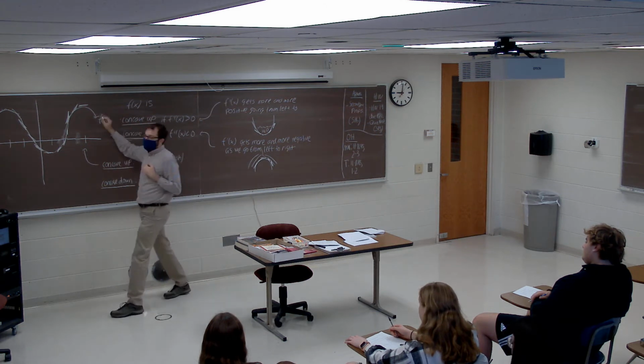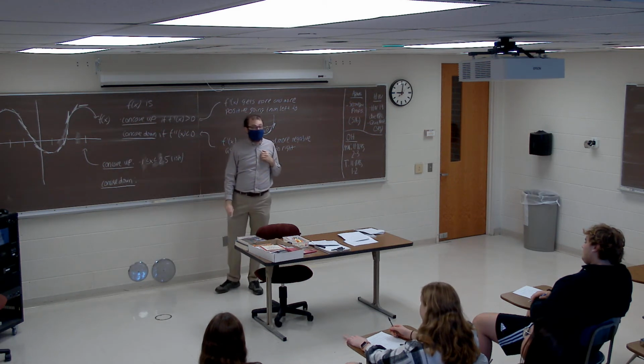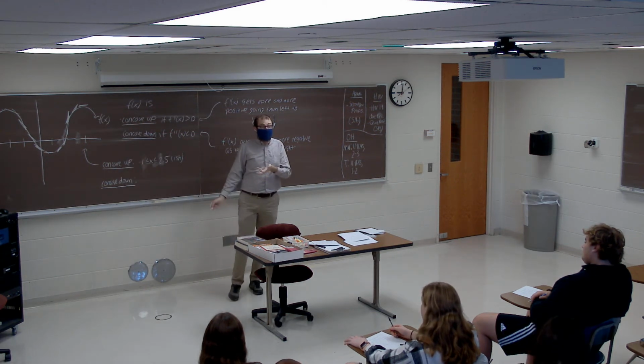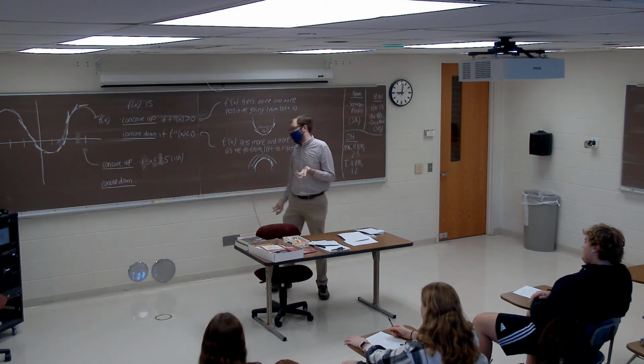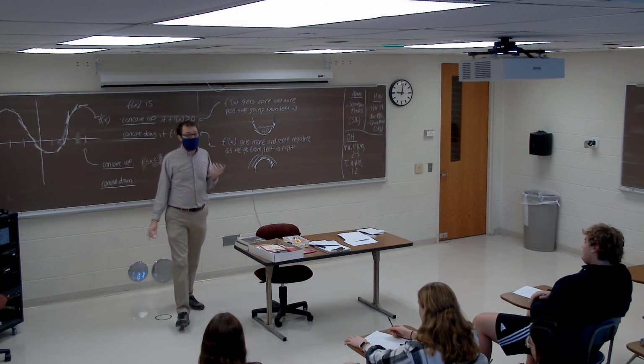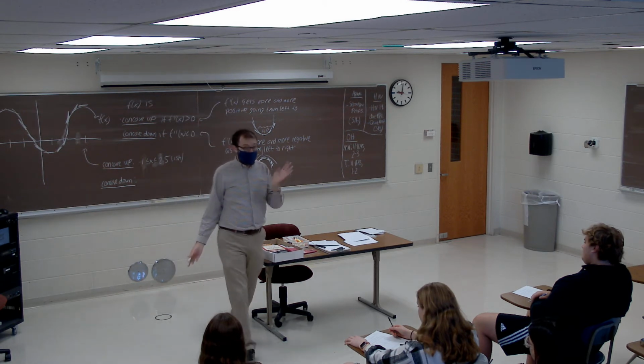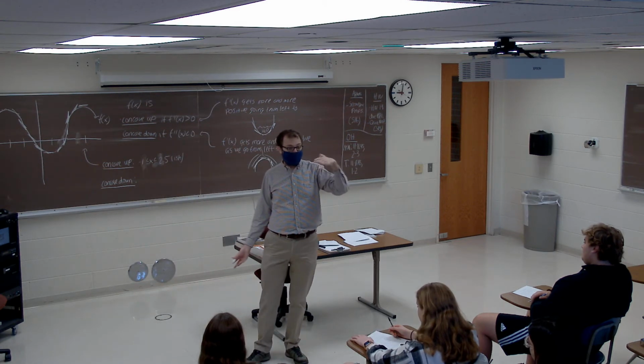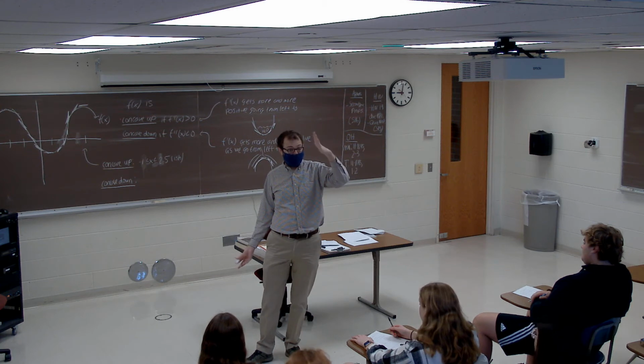I tried to draw f of x so that it's differentiable everywhere, with no vertical tangent lines. But it's going to switch at the point where our slopes stop becoming more and more positive, and start becoming more and more negative.